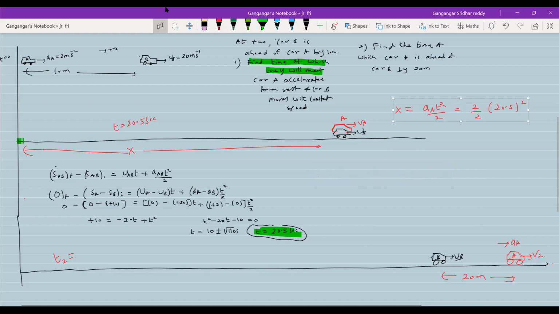Again, the formula: SAB final, SAB initial, UAB T, SAB final. The car A should be ahead of car B.